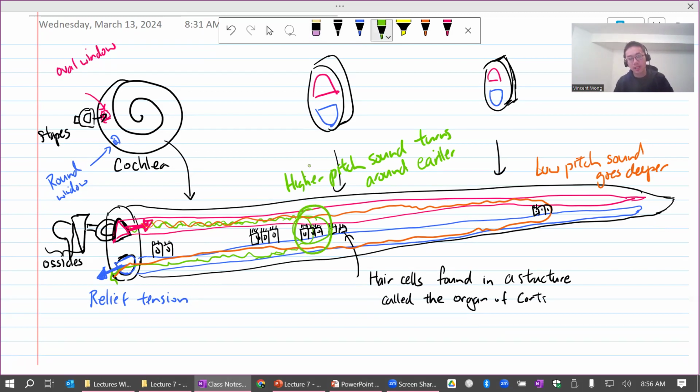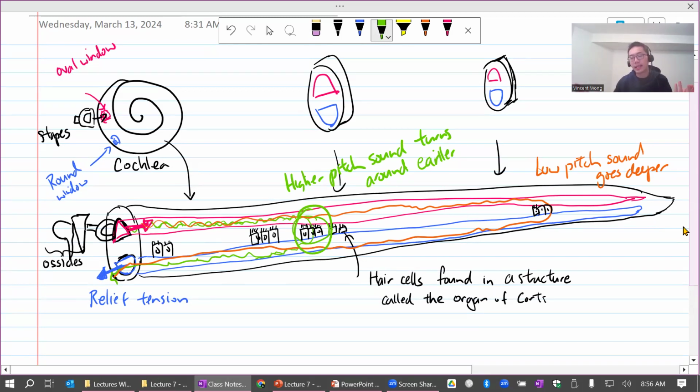Only these hair cells will be stimulated, and they send it to your temporal lobe, and you're like, oh, that's a low pitch sound. If you have a high pitch sound, like that, so go deeper into the cochlea before it turns around, then you are pressing on the hair cells that are deeper in. Right? So when that signal goes to the brain, you register it as a high pitch.